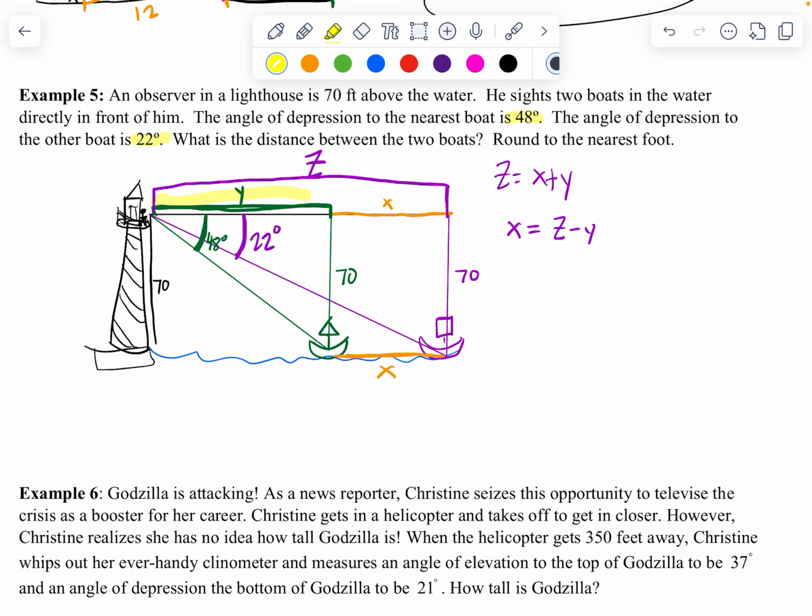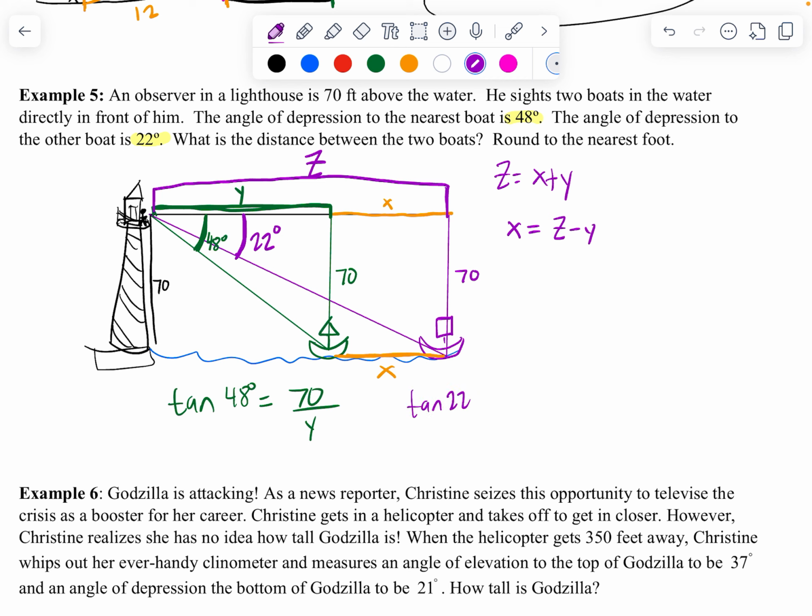So first off, we're looking at the adjacent and the opposite side of our angle, and we're doing that for both triangles, right? Adjacent and opposite of our angle, you're using two tangent functions. So for our green triangle, we're saying tangent of our angle equals opposite over adjacent. Same thing for the other triangle.